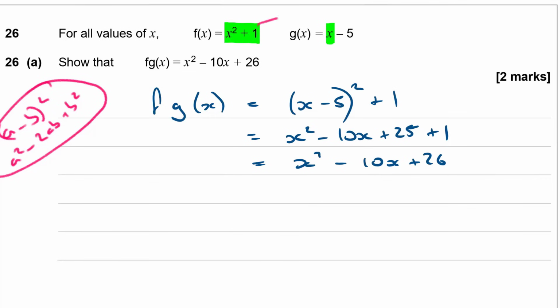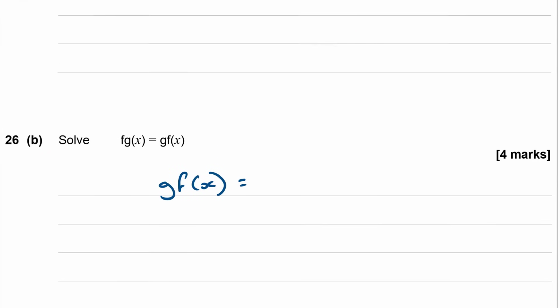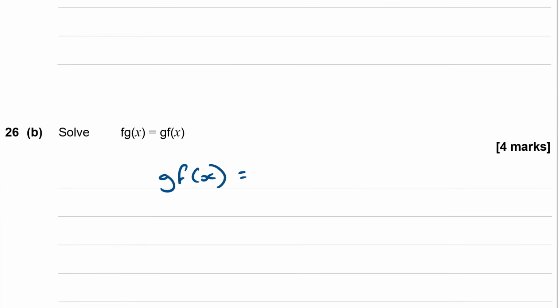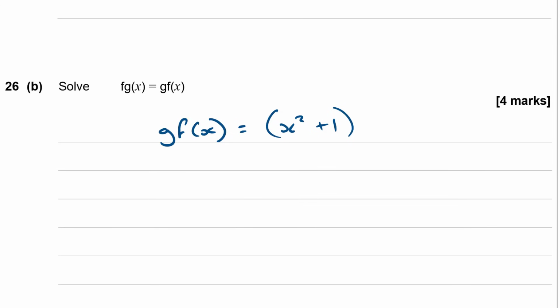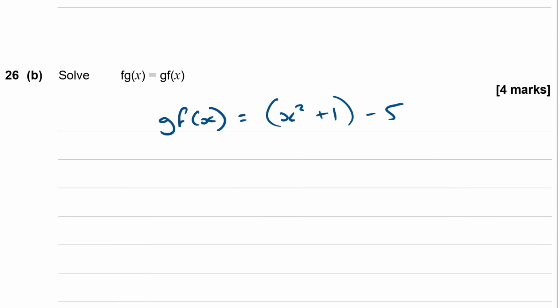So that is going to sit where that is in there. So I'm going to get x squared plus 1, my x, take away 5, which is x squared minus 4, isn't it?